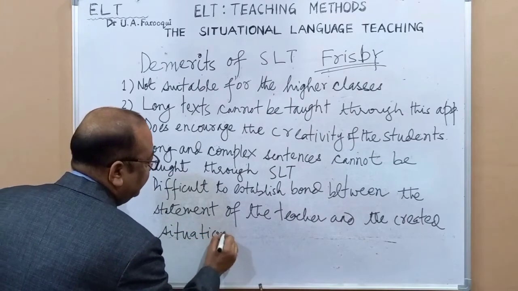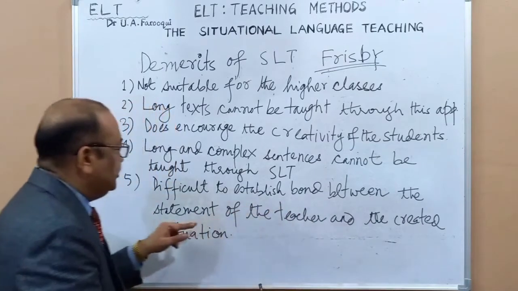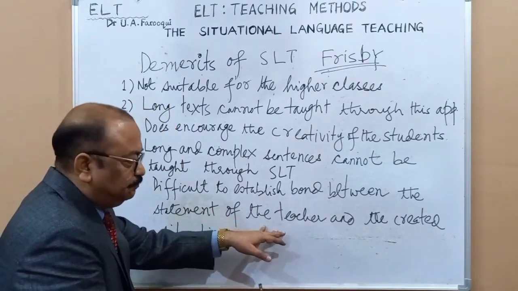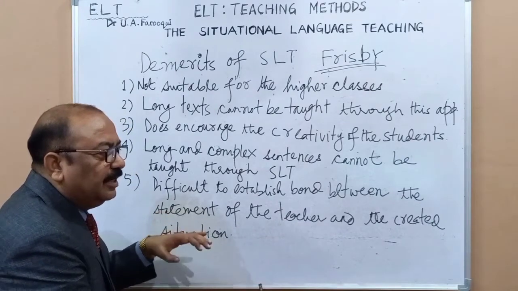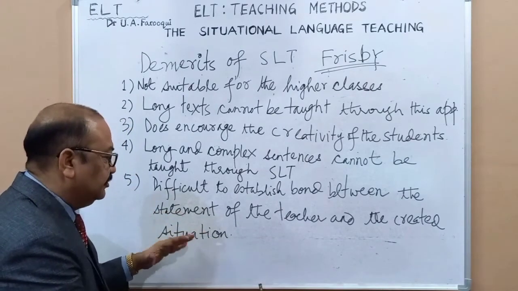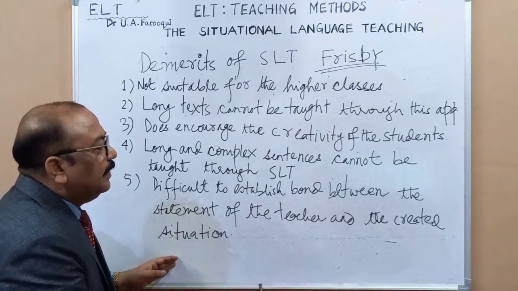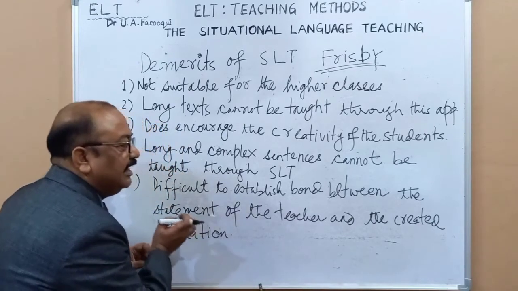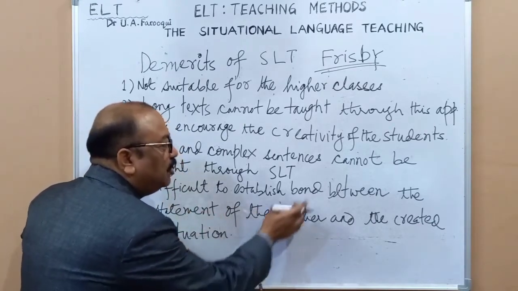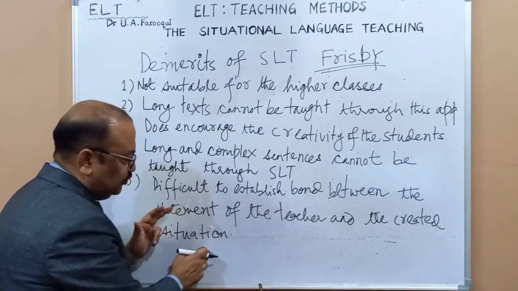What do you understand by it? Just read it. Difficult to establish a bond between the statement of the teacher and the created situation. Now the teacher creates a situation, a practical situation, a real situation. But sometimes it becomes difficult to establish or create a bond between the statement and the created situation.